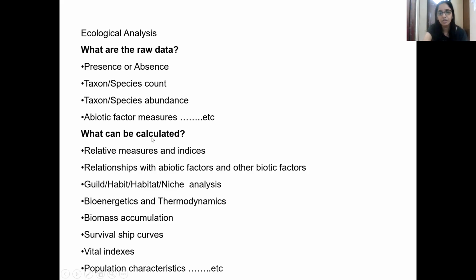Now we start talking about the different things you can calculate in ecological statistics. This is only the tip of the iceberg. I'm just trying to tell you these are the things you can do with it. Relative measures means you are not taking a single number, but rather looking at it as a percentage. Like I showed you some examples.